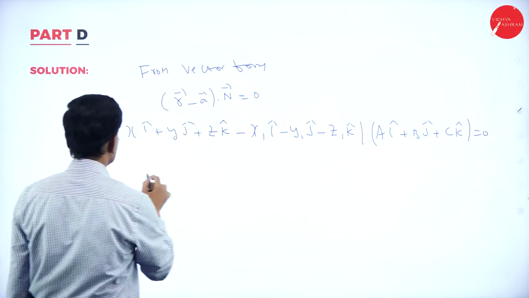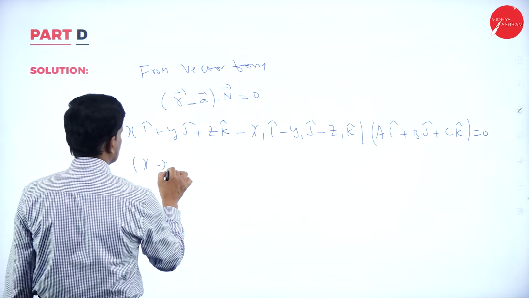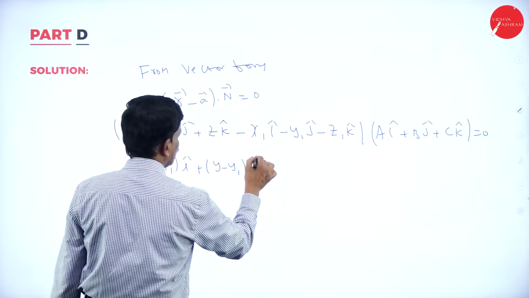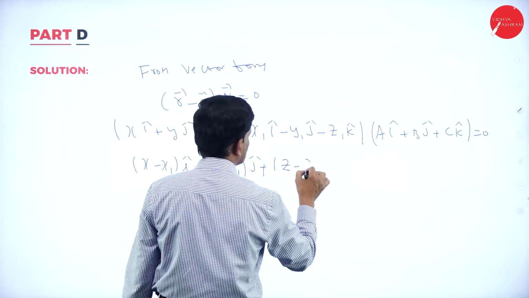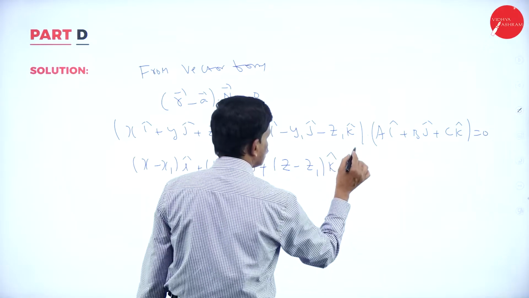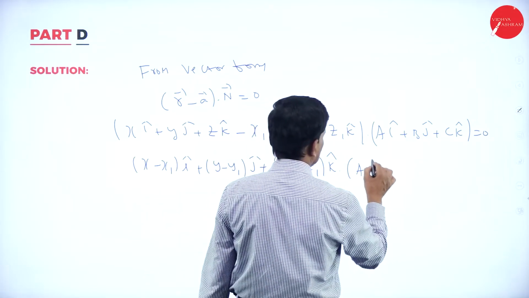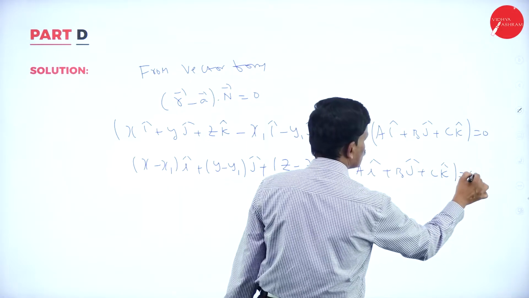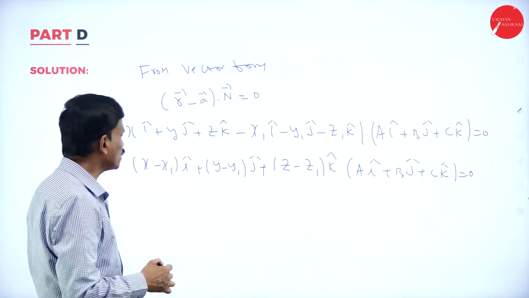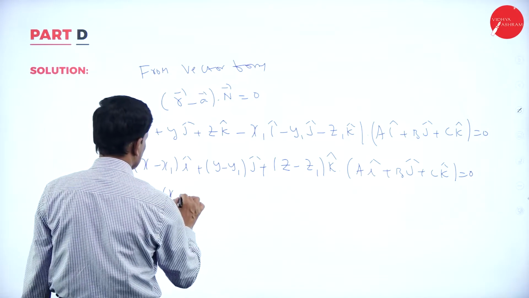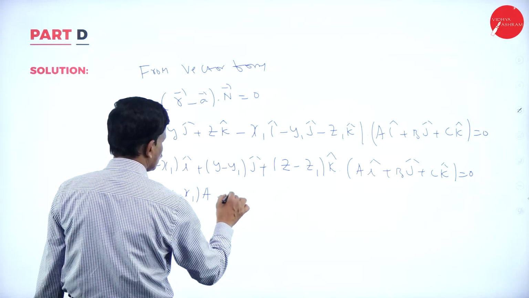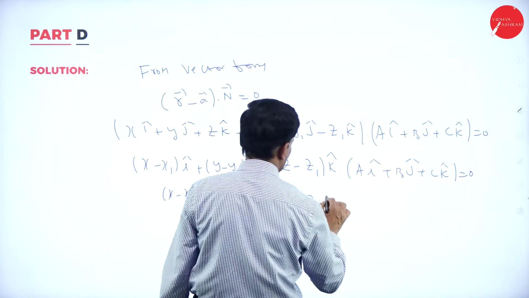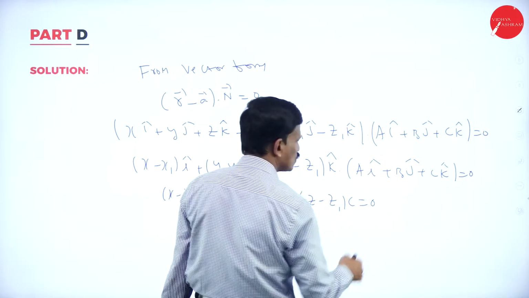Now, simplify this. This can be written as (x minus x1) i plus (y minus y1) j plus (z minus z1) k, dot a i plus b j plus c k, is equal to 0. Take the dot product: (x minus x1) into a plus (y minus y1) into b plus (z minus z1) into c is equal to 0.